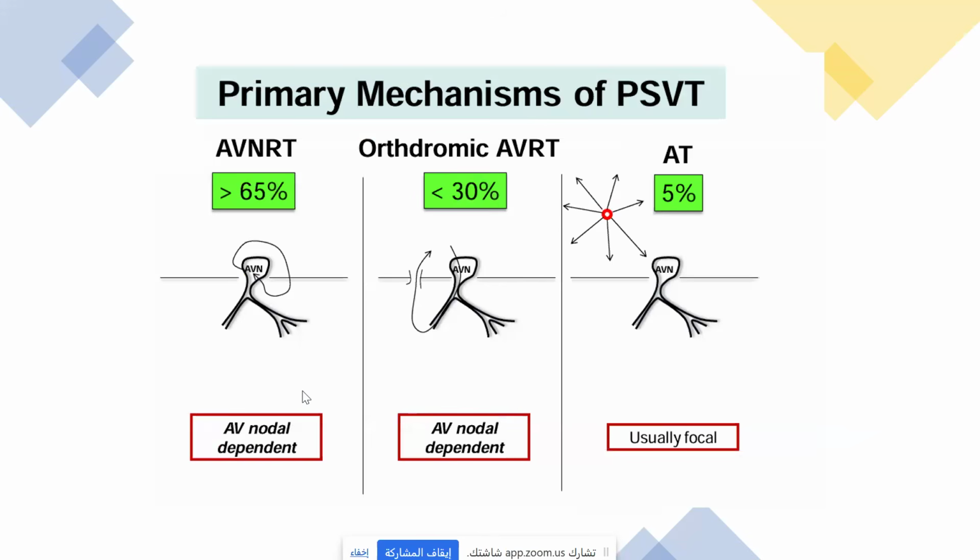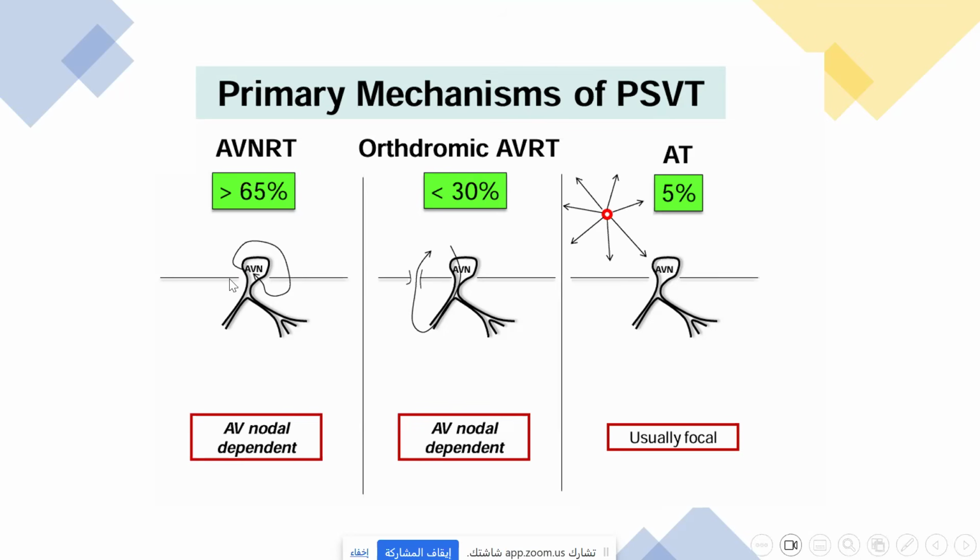You know the paroxysmal supraventricular tachycardia. We have the three most common arrhythmias, which are AVNRT, AVRT in the orthodromic form, and atrial tachycardia. AVNRT represents 60 to 65% of the supraventricular tachycardias, SVT. Usually, most of these tachycardias are AV node dependent.